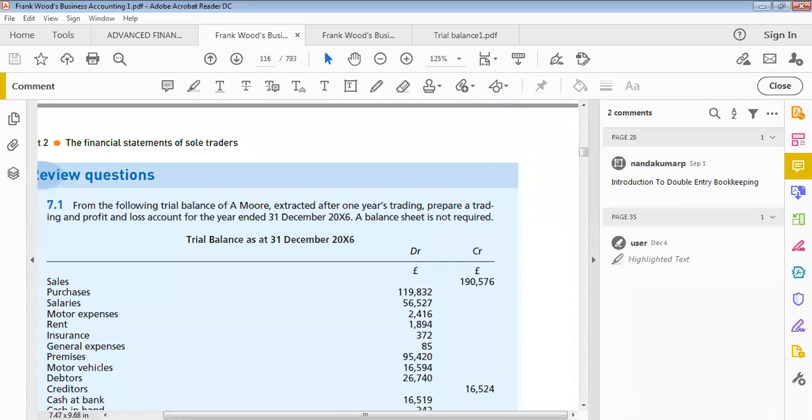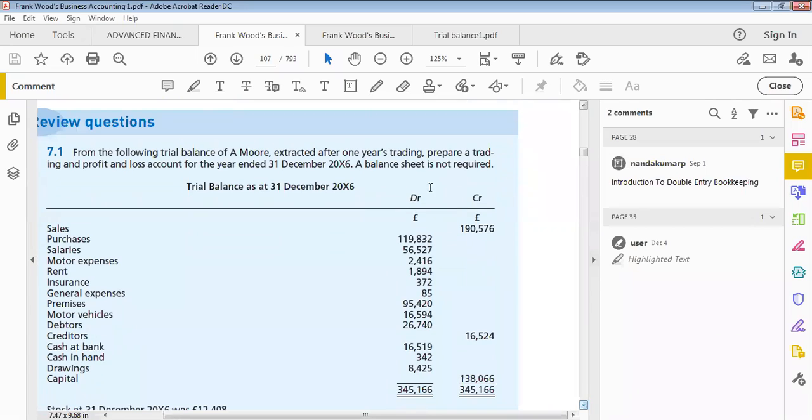What we did last class was the trading and profit and loss account, right? If you remember, now we're going to do the balance sheet for this. Let's look at how we approach it.